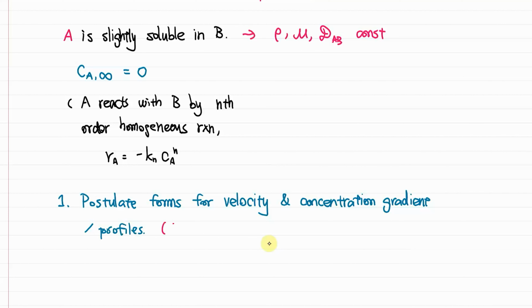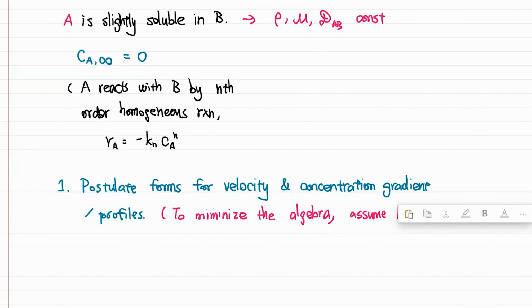This is to minimize the algebra, assume linear, and still illustrate the method.